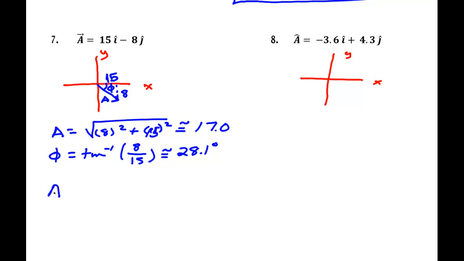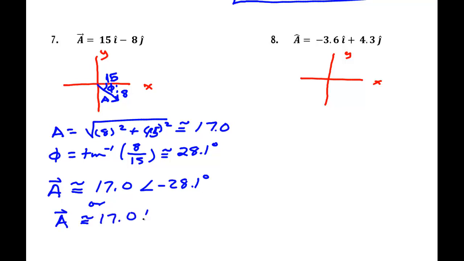So that means that A is 17.0 at a minus 28.1 degrees, or to the same 3 sig figs, 17.0 at an angle of 332 degrees if you want to go all the way around to this side. Either one of those would be a correct answer.